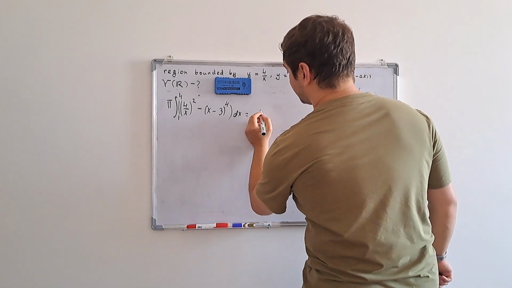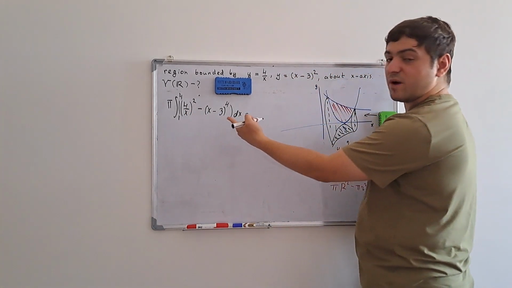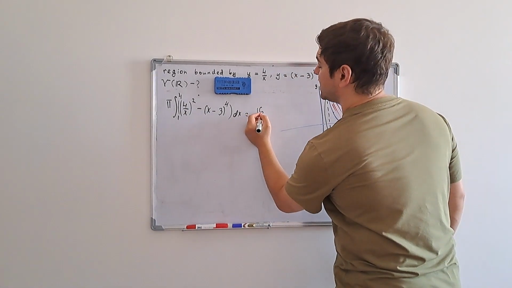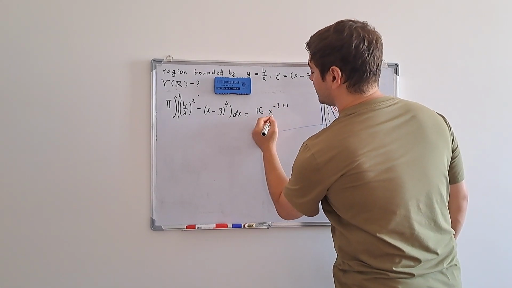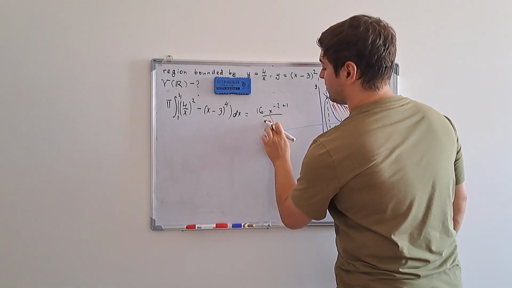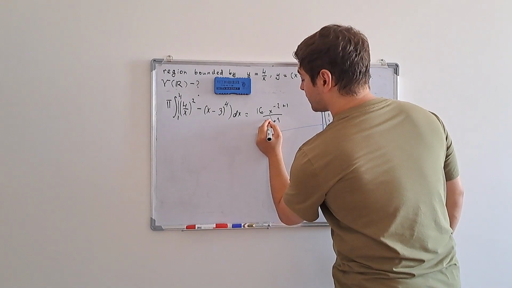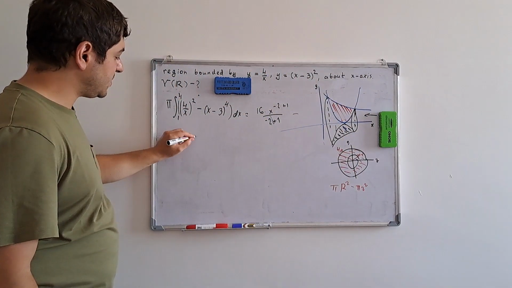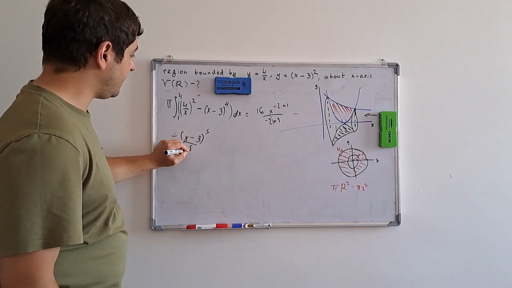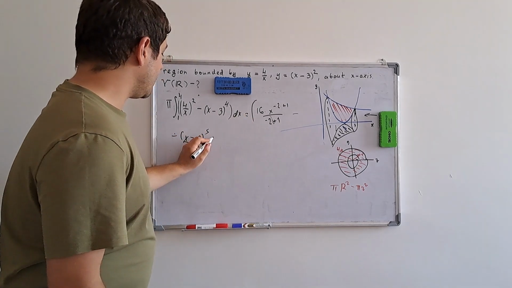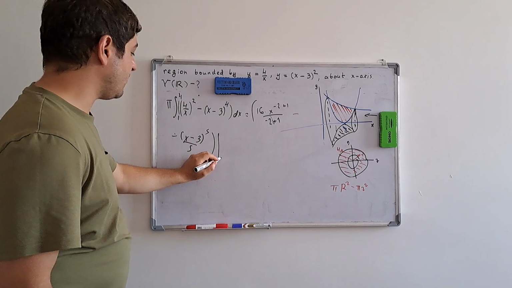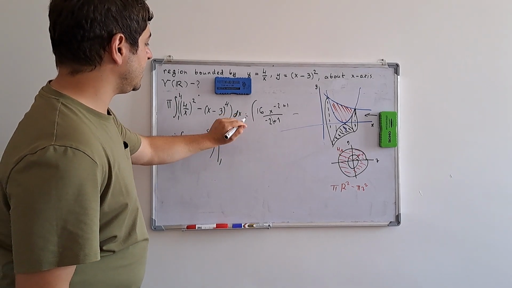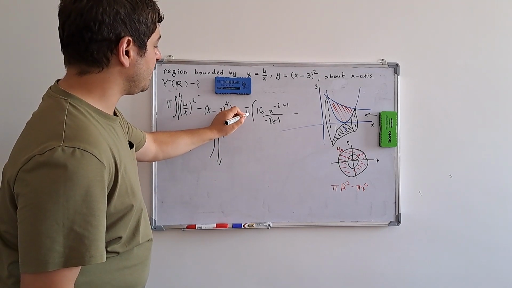So I will obtain 16 times x to the power of minus 2 plus 1 over minus 2 plus 1, minus (x minus 3) to the power of 5 over 5. This whole expression will be from 1 to 4, and it will be multiplied by pi.